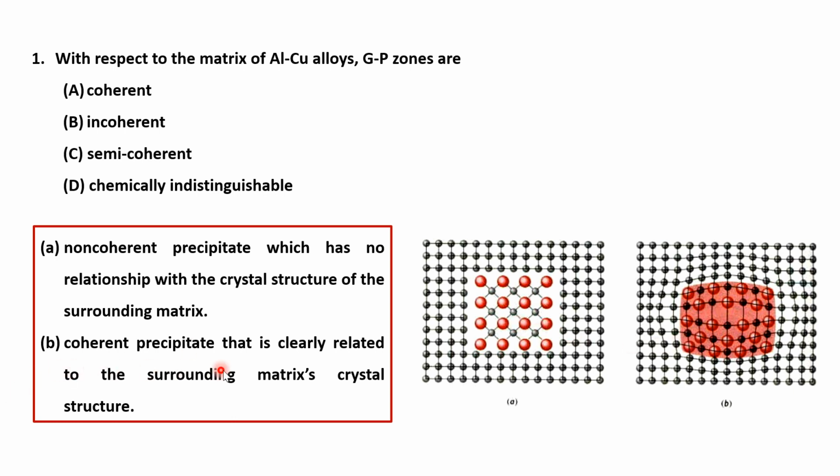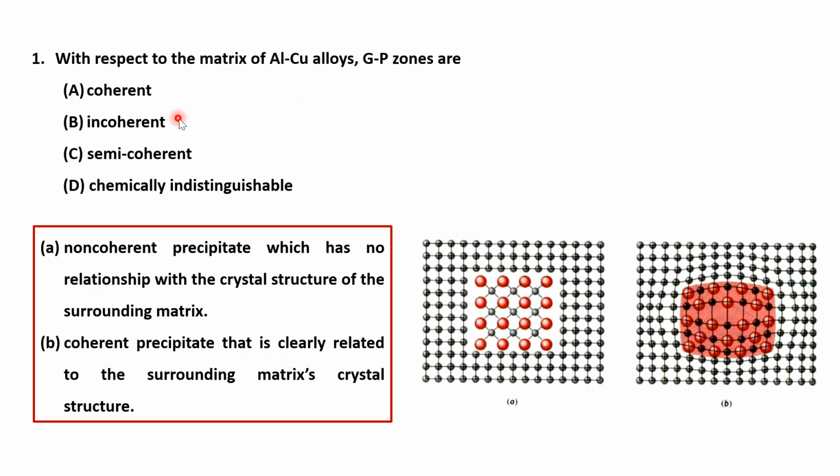Suppose instead it is clearly related: this is a continuous boundary, and there is a relationship between the phase over here and the phase that is formed as the precipitate. Then we can say that it is a coherent precipitate. This is the differentiation between non-coherent and coherent precipitate.